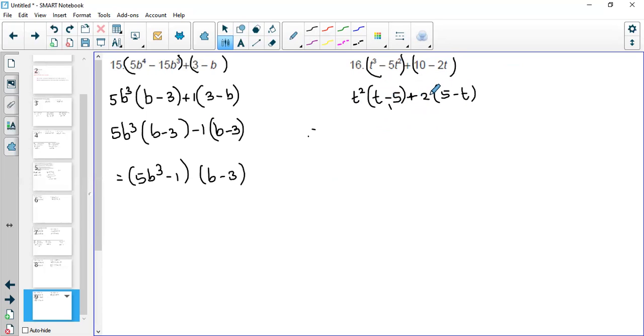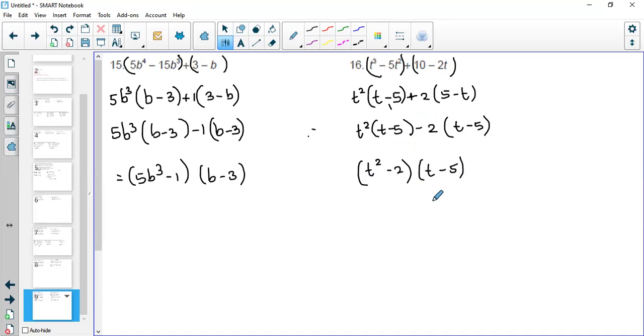When you remove a negative 1 as a common factor, this will become a negative 2, because positive 2 times negative 1 will give you a negative 2. And you could rewrite 5 minus t as t minus 5. Now, easy to factorize, t squared minus 2 and t minus 5.